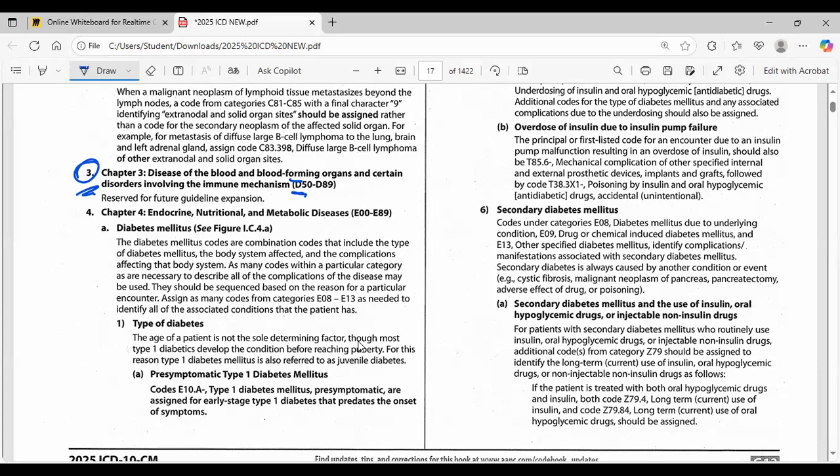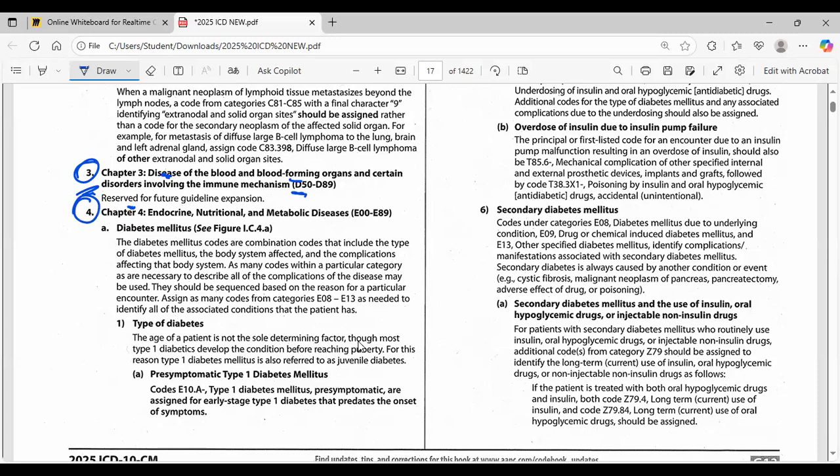But if the patient has a disease of the blood and blood-forming organs, you use D50 to D89 codes. Maybe in future we will get a few guidelines, but right now this chapter does not have any.